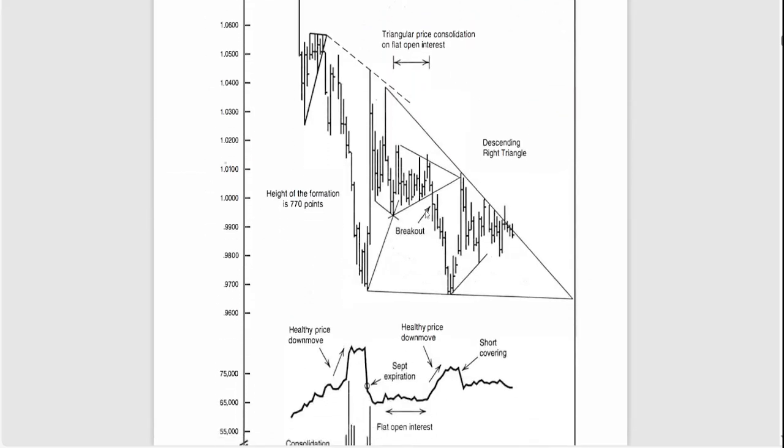Look, there is a breakout. In the triangle there is a breakout.